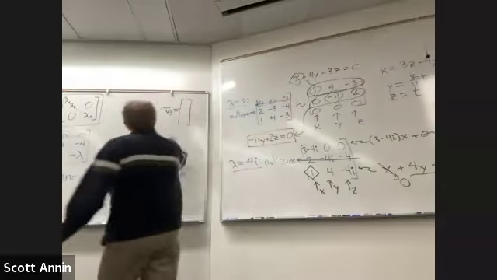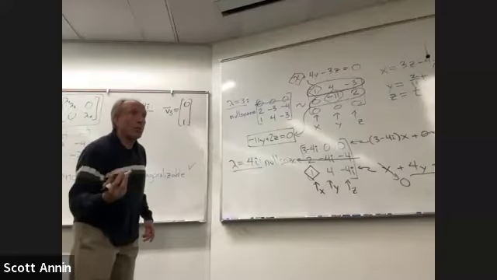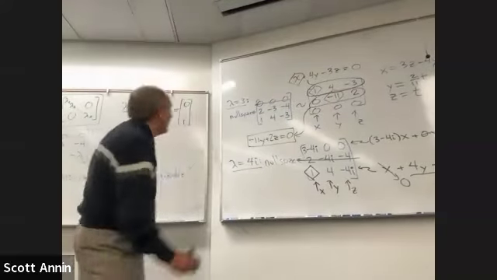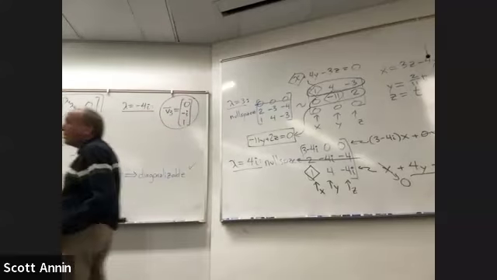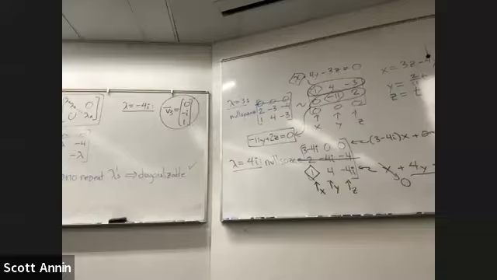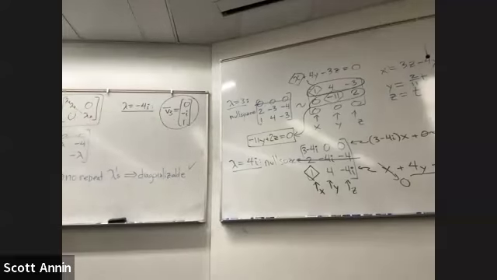So the 0 on top stays as 0, and the 1 on the bottom stays as a 1, but that i right there turns into negative i. Okay, so I did go over that on Tuesday. When you're dealing with these complex conjugate examples, remember that you can save a lot of time if you just conjugate the eigenvector that you got with the other eigenvalue. Is that all right with everybody?